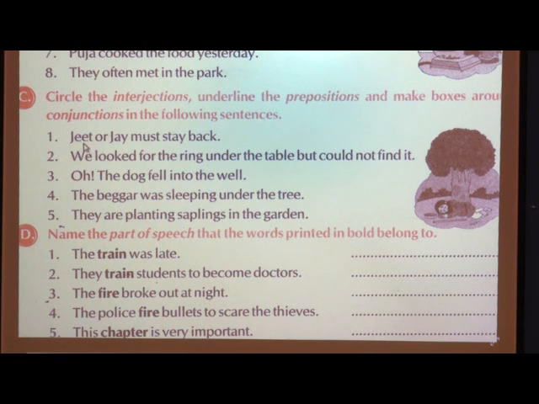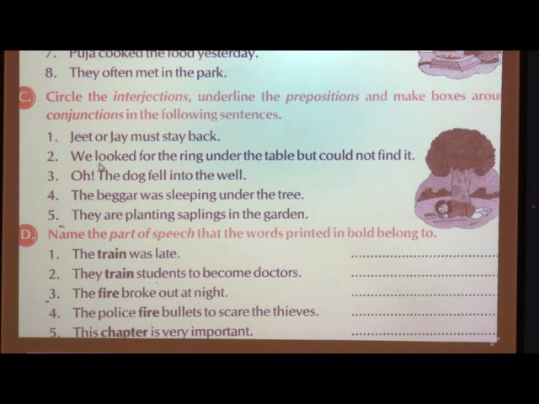You can see here two names are there and they are joined by one word, that is or. Which part of speech is it? Or? Yes, it is a conjunction. So, what do you have to do for the conjunction? You are going to make a box. You are going to box it like this, and this is a conjunction because it is joining these two words, that is Jeet and Jay.